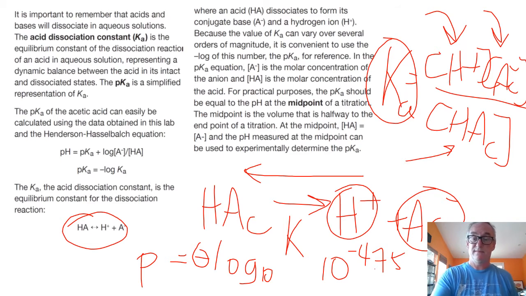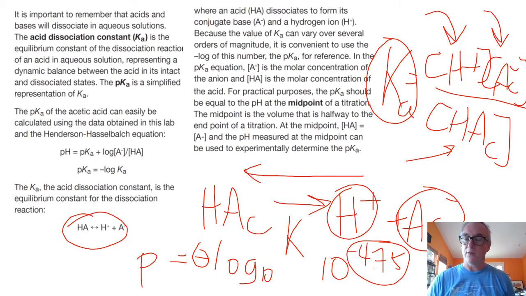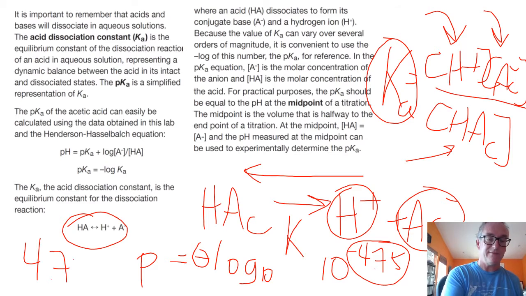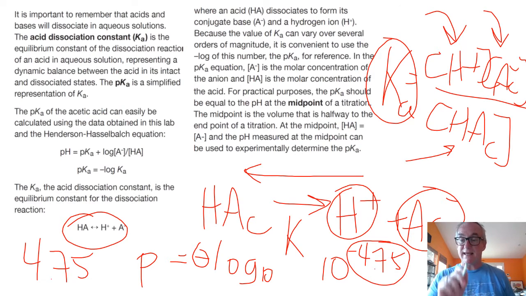That is the dissociation constant for acetic acid, meaning it's a little bit bigger than 10 to the minus 5, but it's not as big as 10 to the minus 4. So it's really, really small. So the log of this would be negative 4.75, and the negative log of it would be 4.75. That is the pKa of acetic acid.